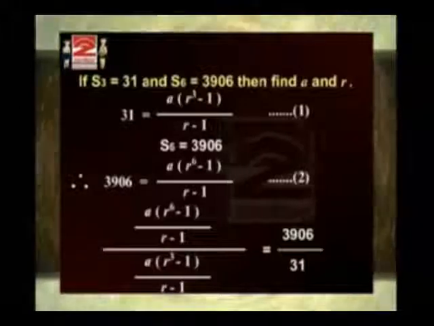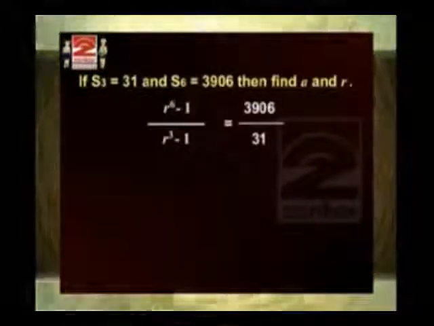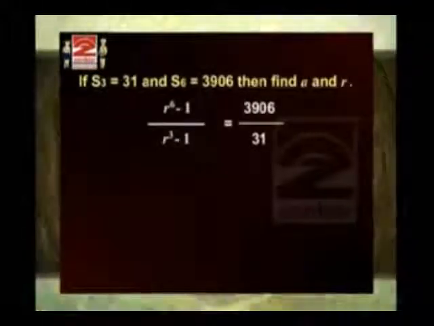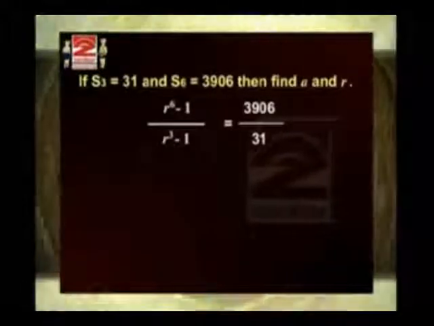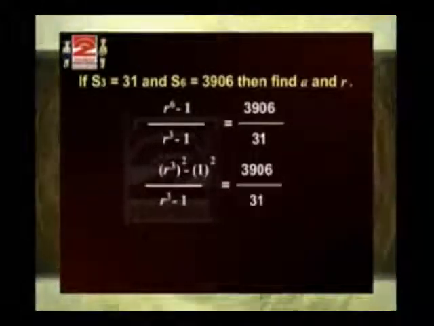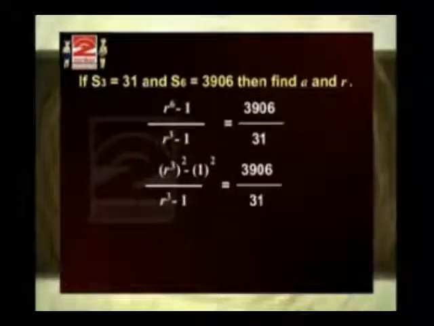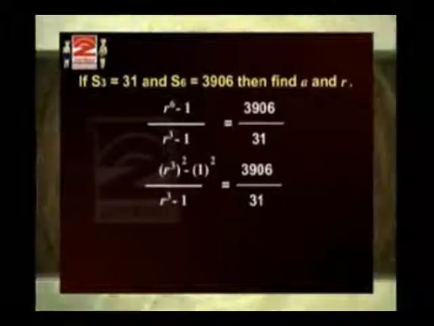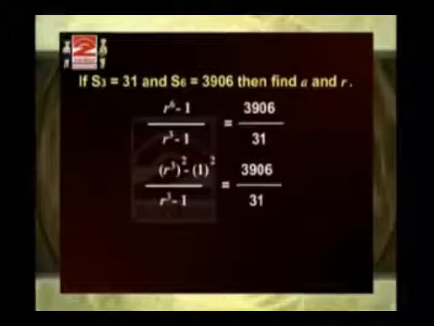3906 upon 31. Therefore, R raised to 6 minus 1 upon R cube minus 1, that is equal to 3906 upon 31. So, R raised to 3 raised to 2 minus 1 raised to 2 upon R raised to 3 minus 1, that is equal to 3906 upon 31.